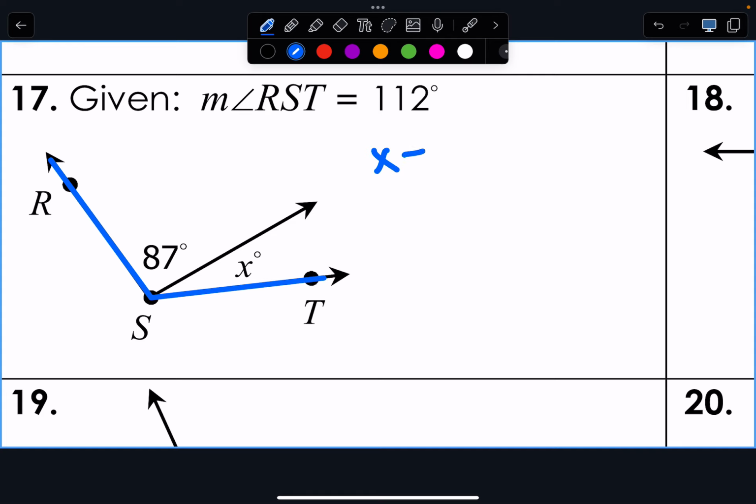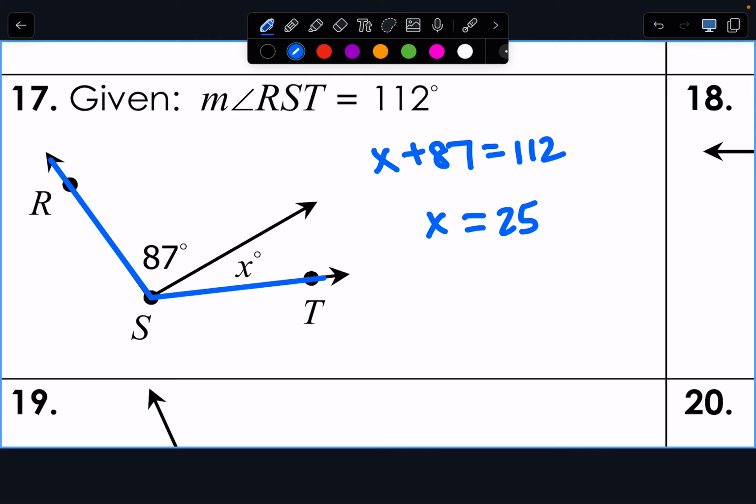Oh, so you're saying 87 plus X needs to equal 112, which makes X equal to 25. Does that sound good to you? Okay. Sounds good to me.